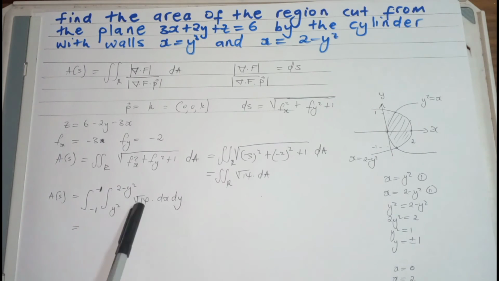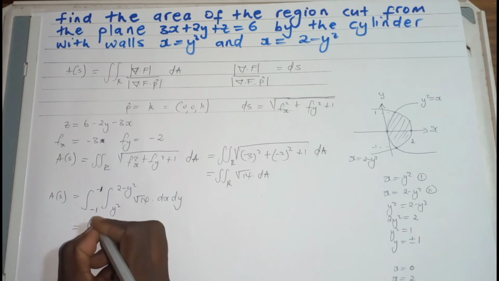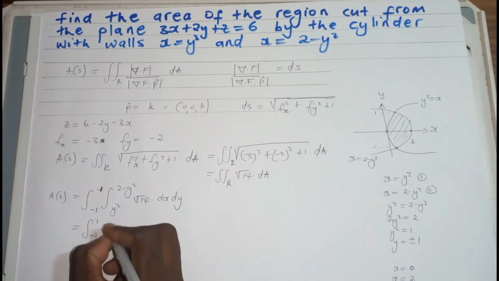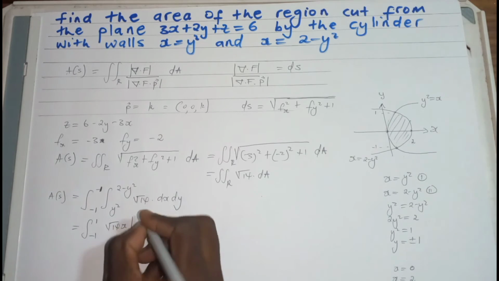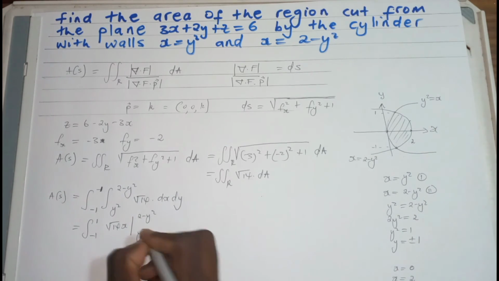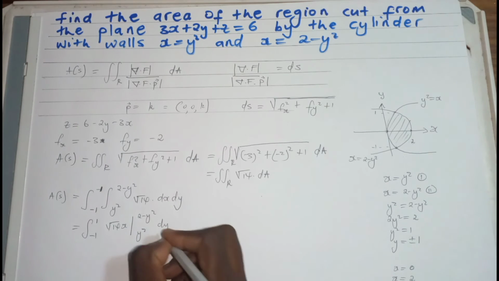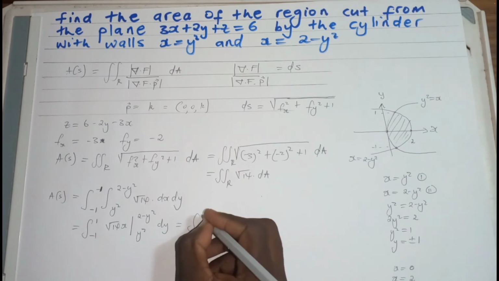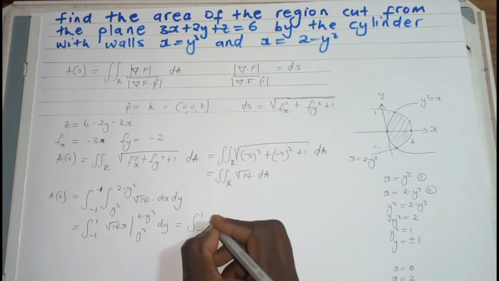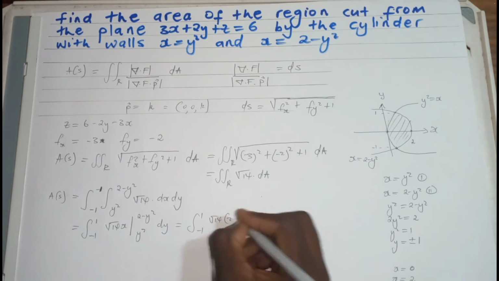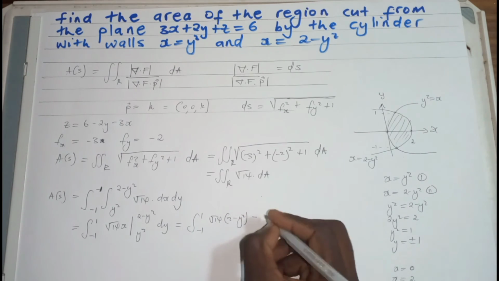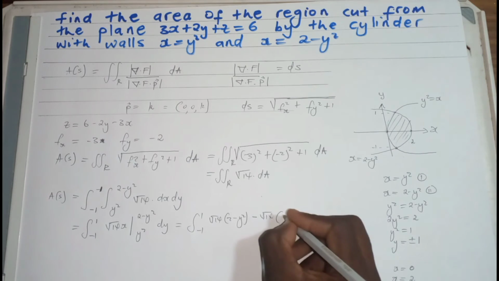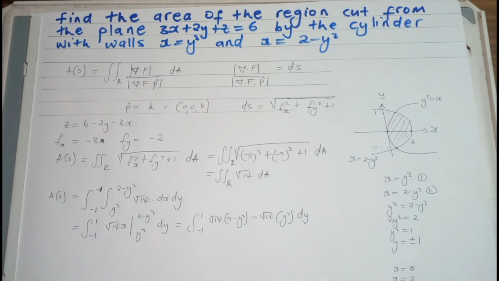The first thing, root 14 is just a constant. We're going to integrate with respect to x, so that means from negative 1 to 1, root 14 x, with limits 2 minus y squared and y squared, dy. Now I'm going to say upper bound minus lower bound, so this is going to be root 14 times (2 minus y squared) minus root 14 y squared, dy.